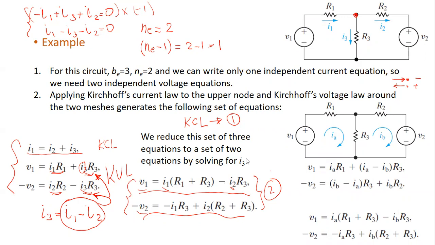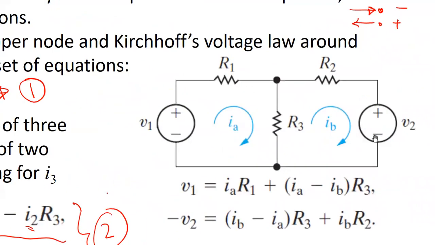Now if we look at this circuit, let me magnify it. It's the same circuit, same voltage sources, same resistances, but now I will not say I1, I2, I3. I will assign mesh currents.